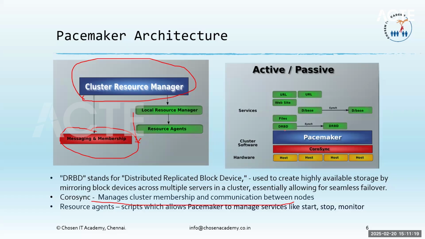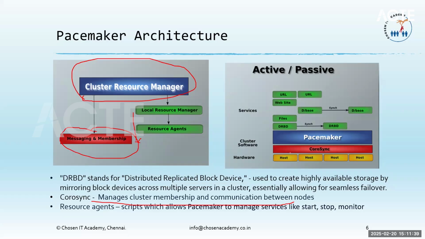On the right-hand side, I've picked this picture to show another view of the Pacemaker architecture. At the bottom, we have the hardware, which is the nodes. There are 4 hosts shown here.